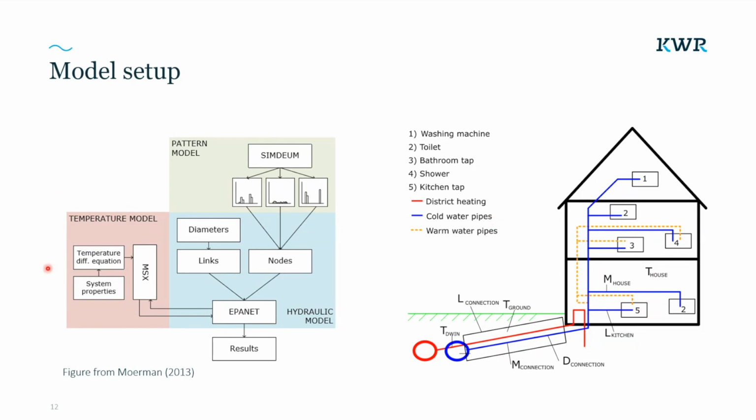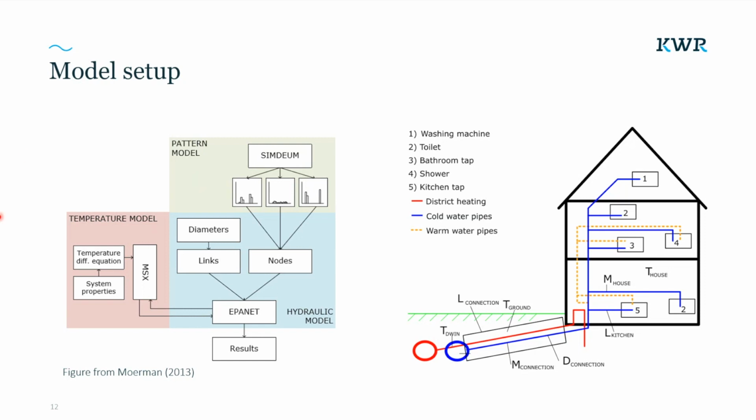So in a model setup, it would look like this. We would do the pattern modeling using SimDeum, which was presented, I think, last month. With this, we can create individual tap patterns for each tap unit, and also separate the cold water from the warm water. So we would get a cold water only tap pattern for the shower, for instance.